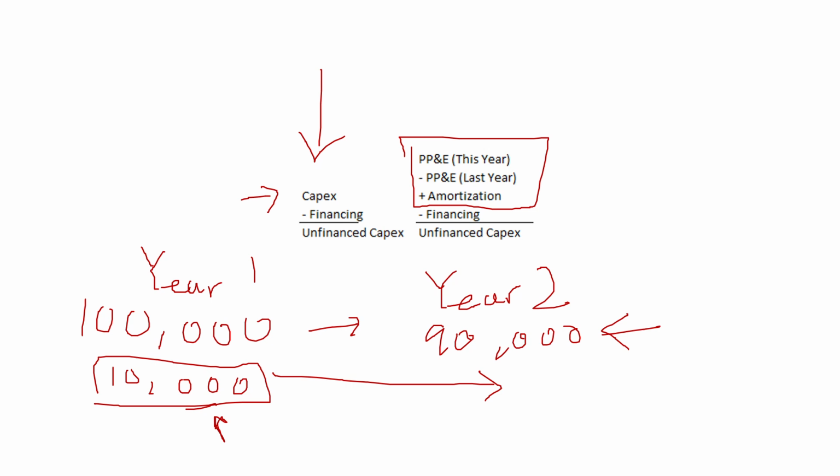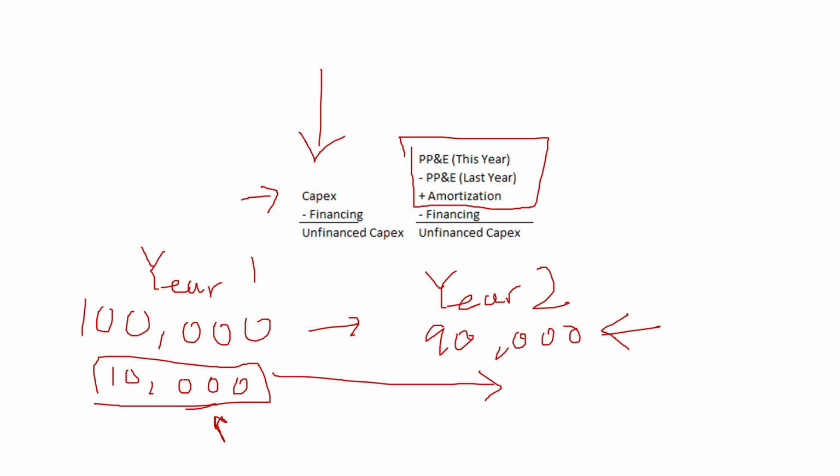That's a whole other topic. It's actually not an exact science. It's something that people try to estimate, and they either do the same amount every year, let's say 10,000 a year for 10 years, or they do it on an accelerated basis. If some equipment loses value really fast, at an exponential rate, then it's a different amount.